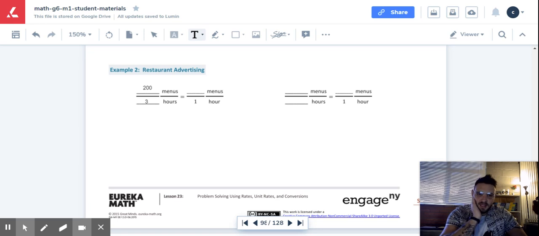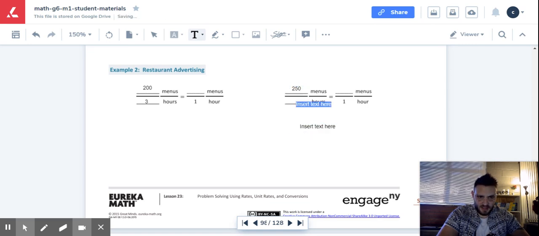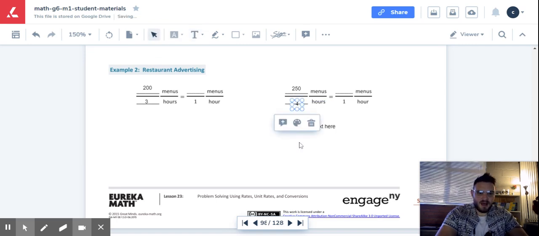Now, his buddy can fold 250 menus in, let's say, 4 hours. Now, it's pretty obvious to me who's faster.